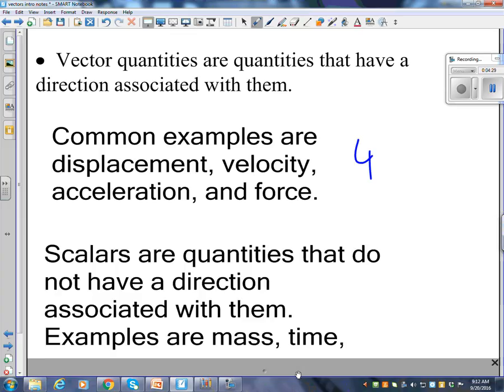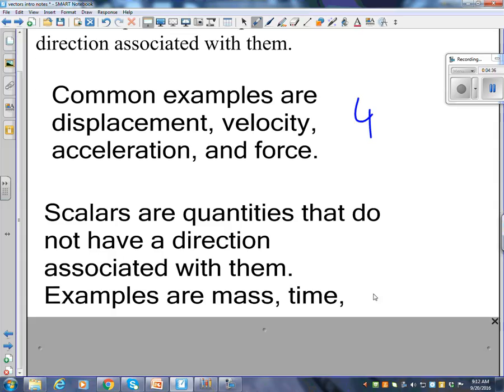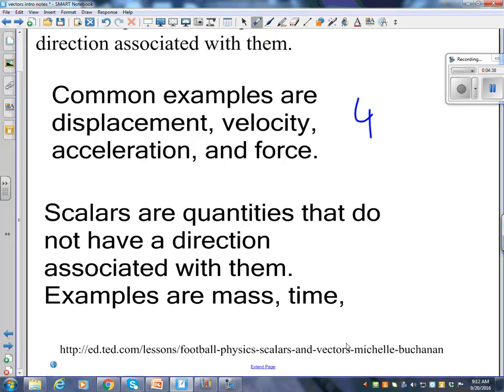Scalars are quantities that do not have a direction associated with them, things like mass and time. For example, if I say displacement 10 meters north, that means I walk 10 meters to the north.